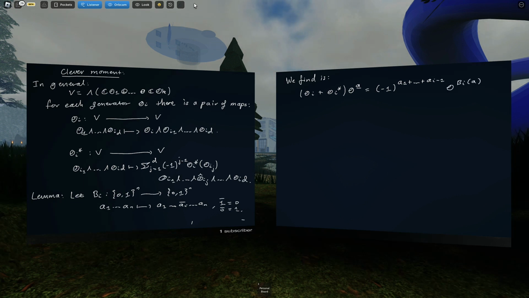Okay, so theta i plus theta i star, think about that as a bit flip.